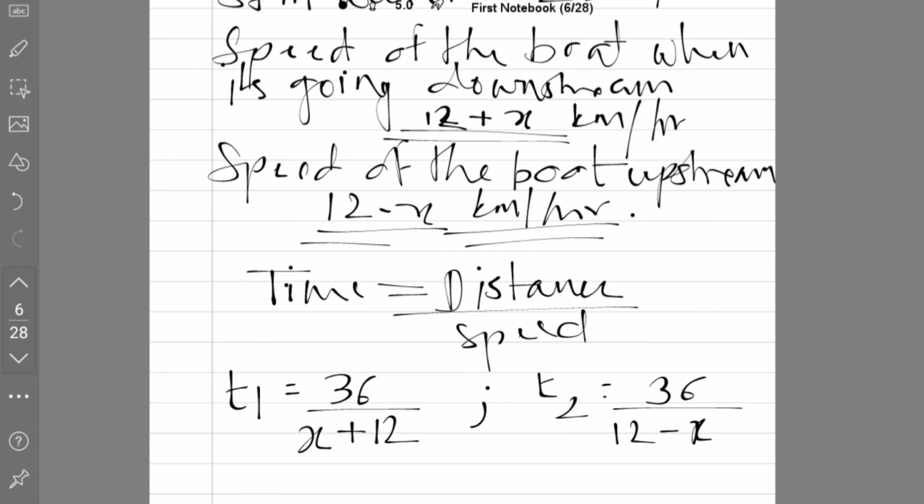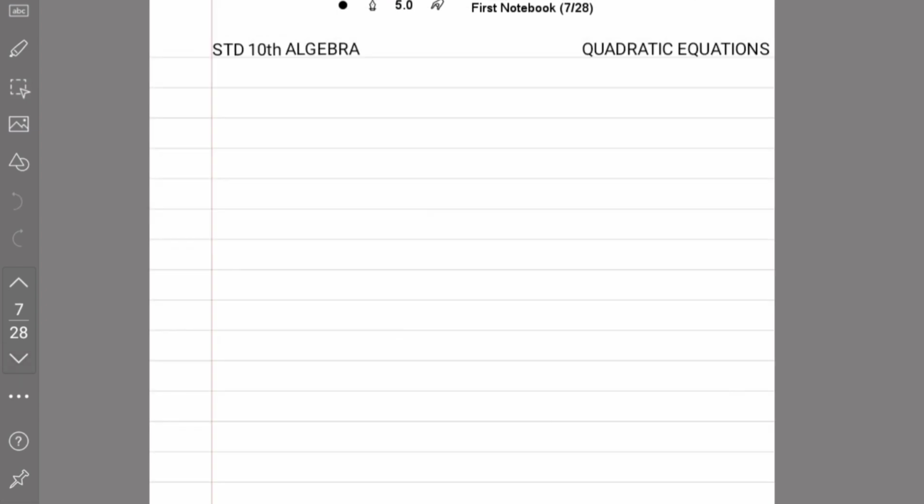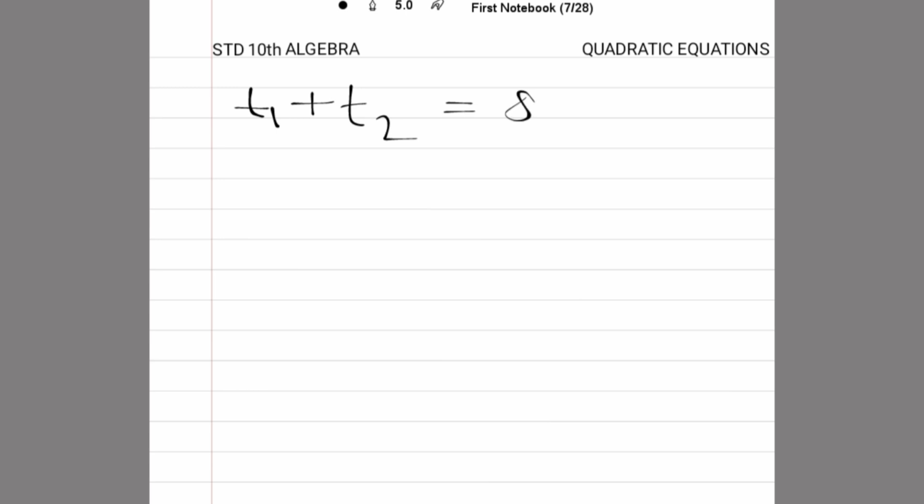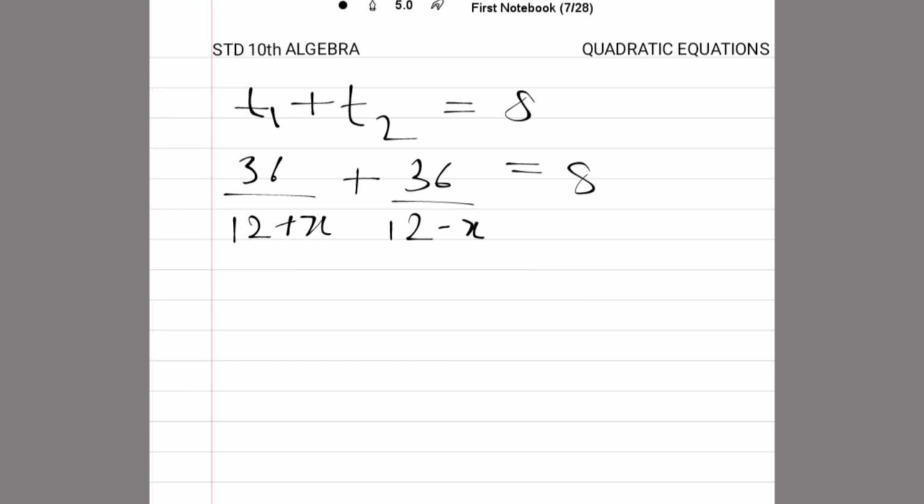Now moving ahead, we have t1 plus t2 is equal to 8 hours, right? It is given. So 36 upon 12 plus x plus 36 upon 12 minus x is equal to 8. Now we need to take the LCM here.